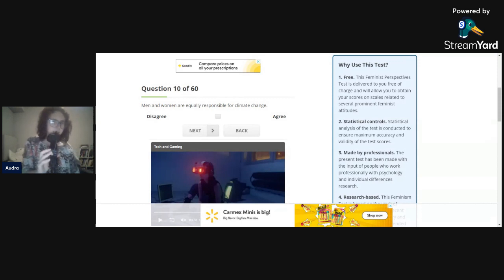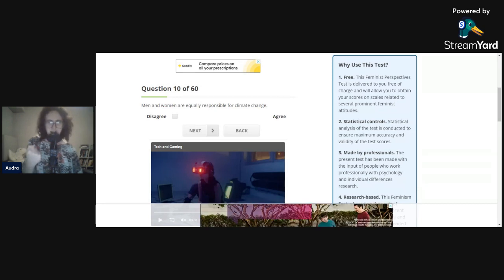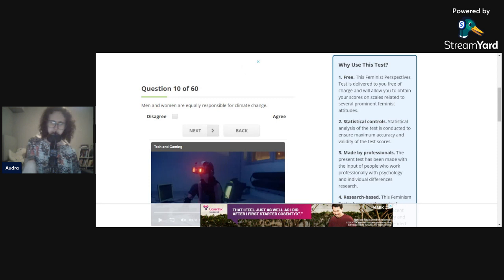Men and women are equally responsible for climate change. Well, I think I have to strongly disagree with that, just because more men have been in power in the years that were leading up to the climate situation we find ourselves in now. Statistically, that's just a fact. Men are more responsible for climate change than women.